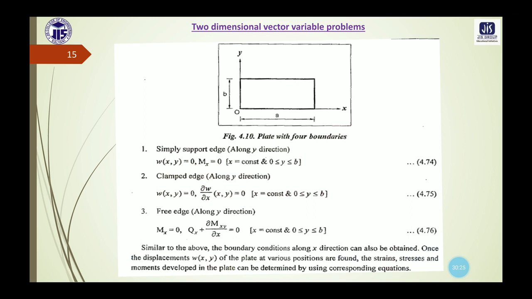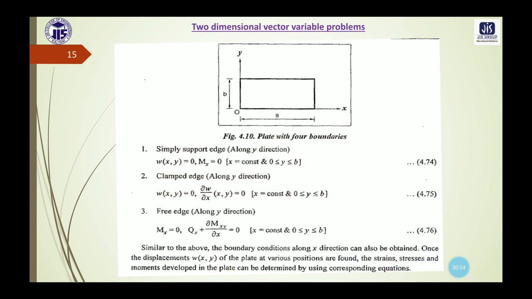In the figure, you can see the plate with 4 boundaries, and along the y direction for a simply supported edge, w(x,y) equals 0 and mx equals 0, where x is constant and 0 less than or equal to y less than or equal to b. Next, the second boundary condition is for a clamped edge along the y direction: w(x,y) equals 0 and del w del x equals 0, where also x equals constant and 0 less than or equal to y less than or equal to b.